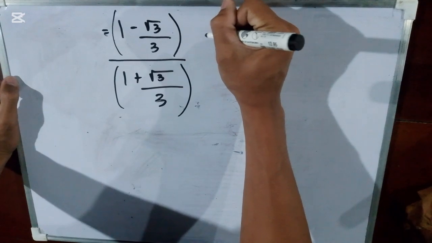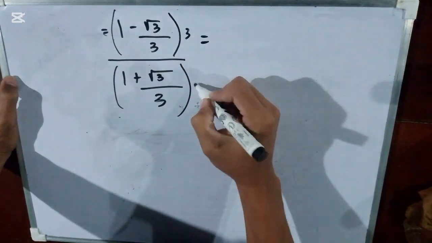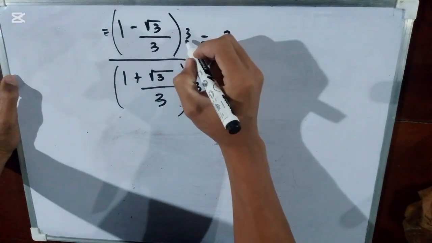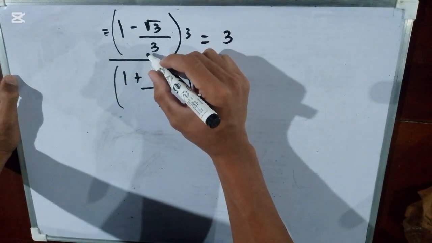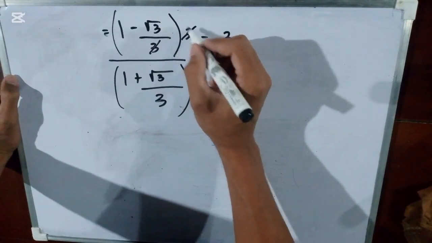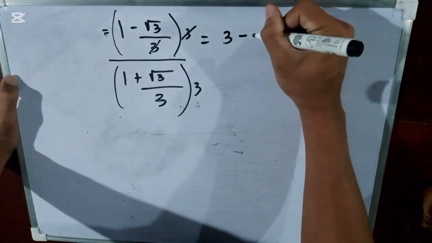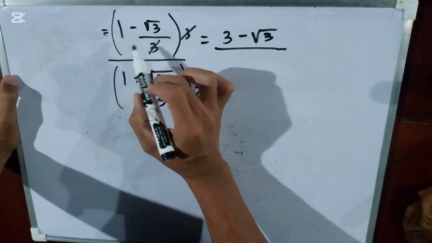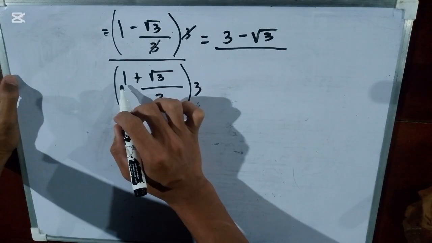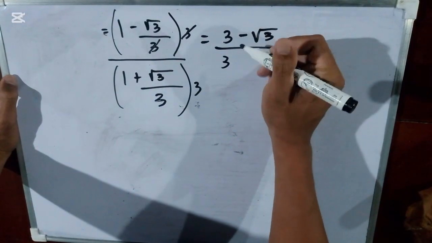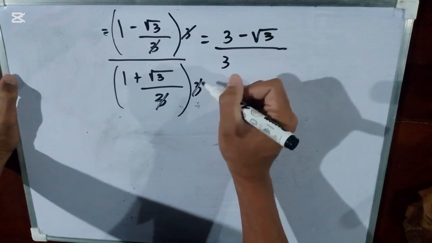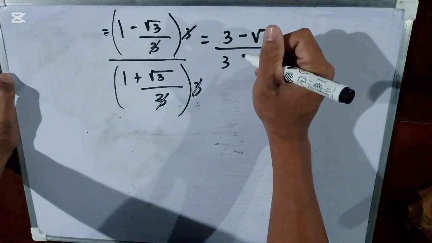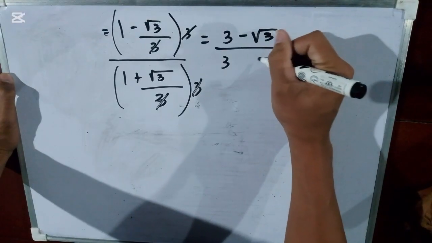And the answer will be 3 times 1 was 3, and the 3 in the denominator will be cancelled, and 3 times negative root 3 will be negative root 3 over 3 times positive 1 was 3 and cancel, and 3 times root 3 equals root 3.